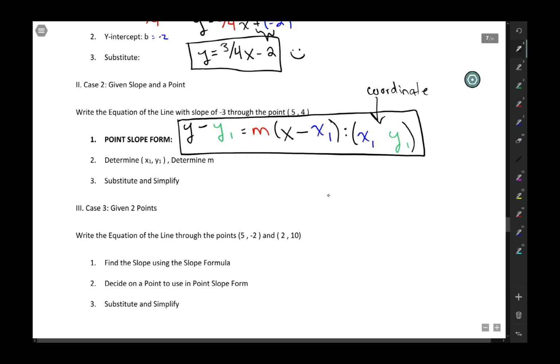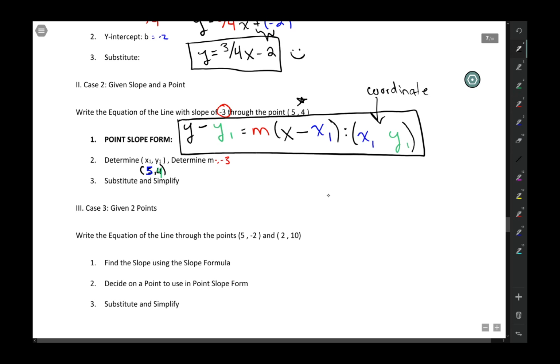That's given to us from our 5, 4. Simply put, 5 is going to be our x sub 1, and 4 is going to be our y sub 1. m is conveniently given to us as -3. And you just substitute it all in there.